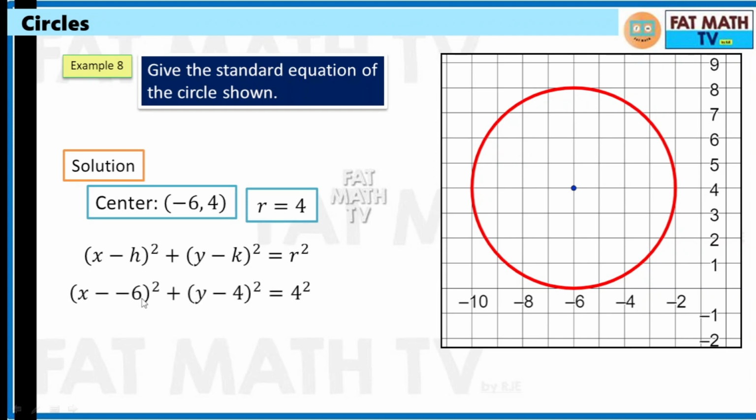So you will have x minus -6 squared plus y minus 4 squared equals 4 squared. And simplifying that, you will get x plus 6 squared plus y minus 4 squared equals 16. So this is the standard equation.